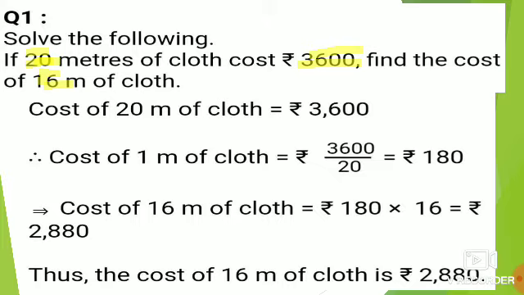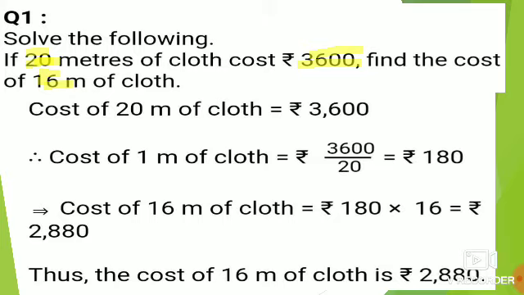So here students, we have to do multiplication or division. If you have to find out the cost of one, then you have to divide. Remember, this is very important, where to divide and where to multiply. So here many to 1 means you have to do division.